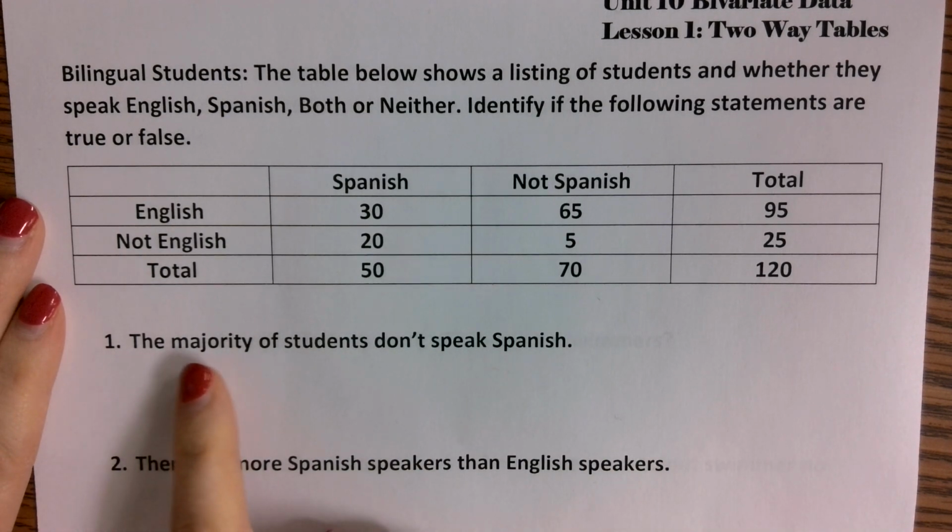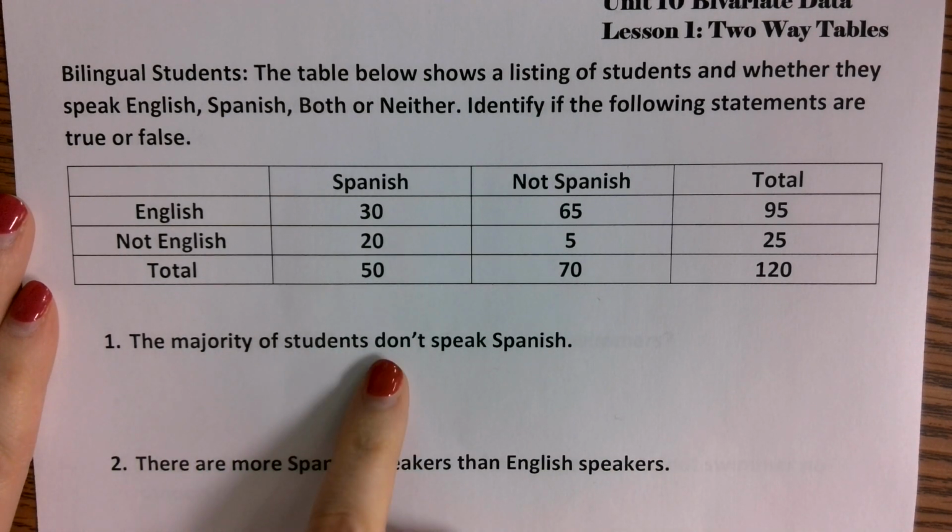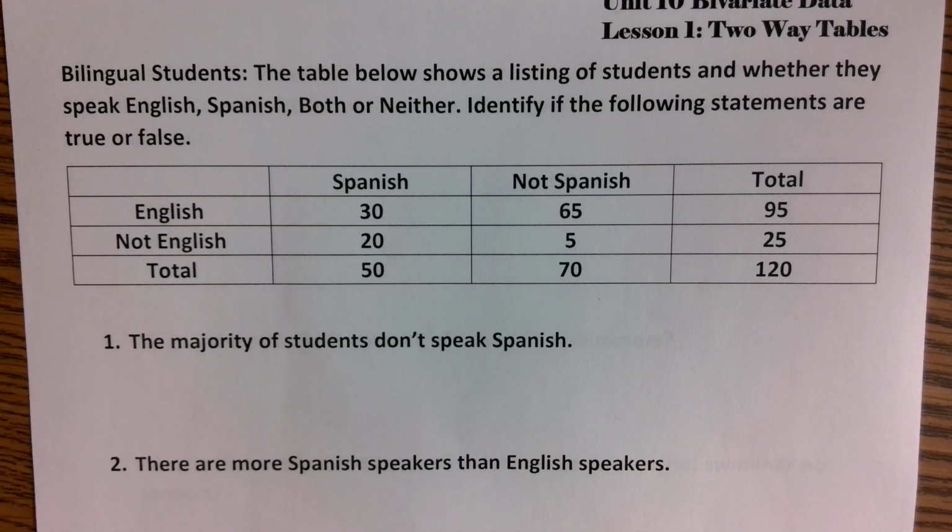For problem number 1, it says the majority of students do not speak Spanish. So we're going to take a look at how many people speak Spanish versus how many people do not speak Spanish. How many people speak Spanish?